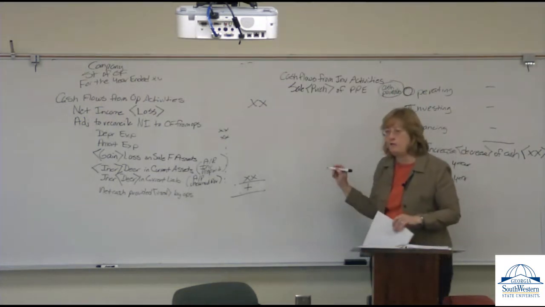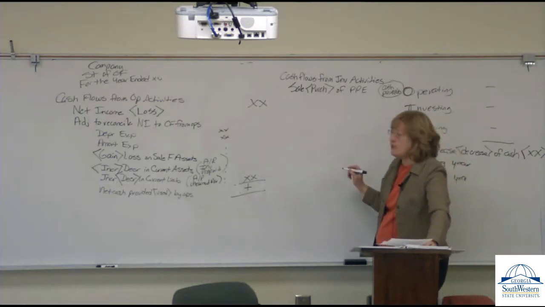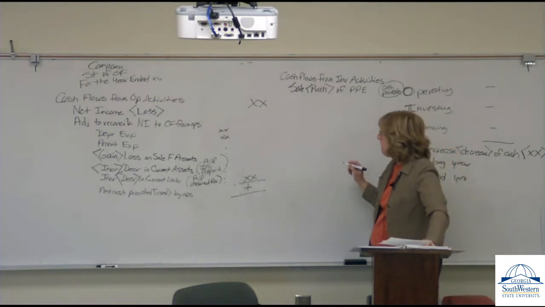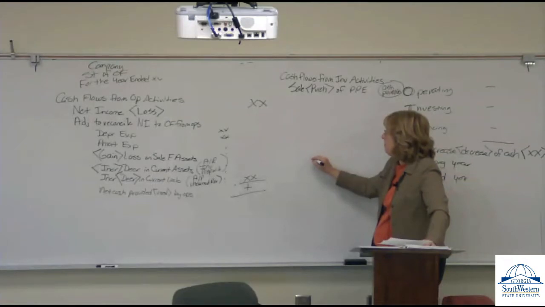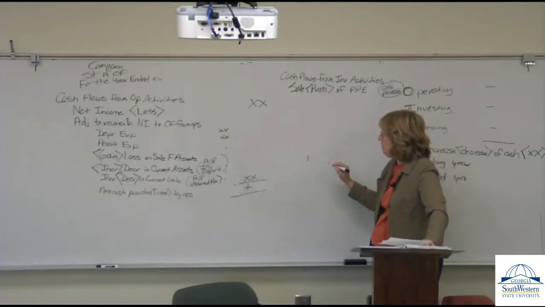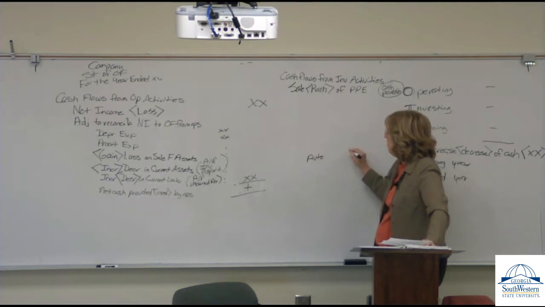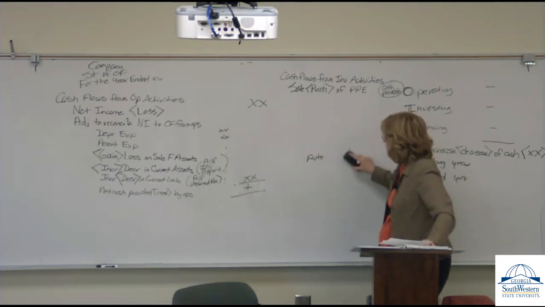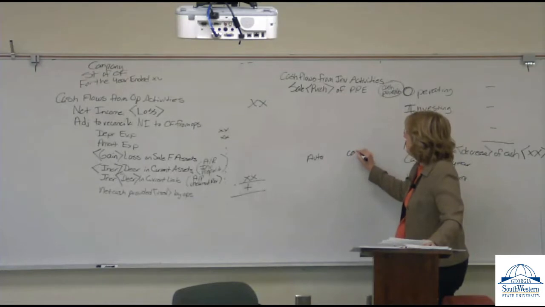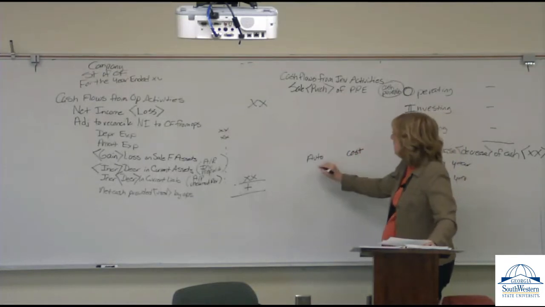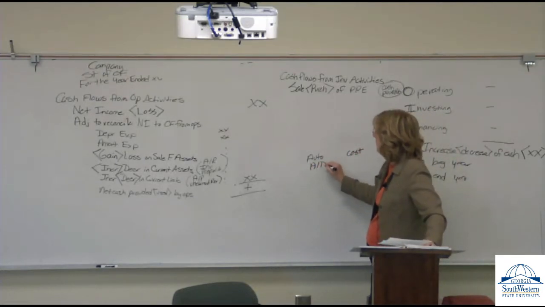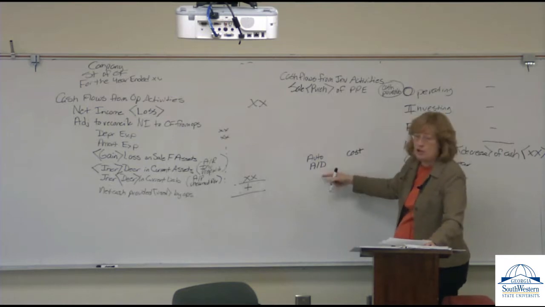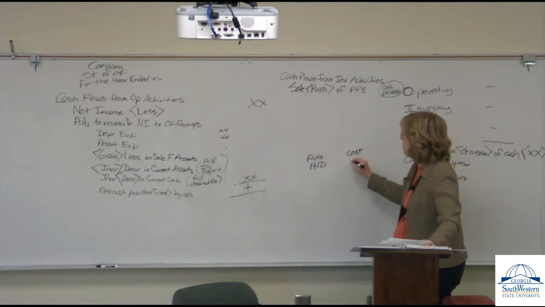Let's just go over how the sale of a piece of equipment works. When you buy a piece of equipment, let's just say you have an automobile, you put it on the books at its cost basis, right? And then you depreciate it and you have accumulated depreciation.